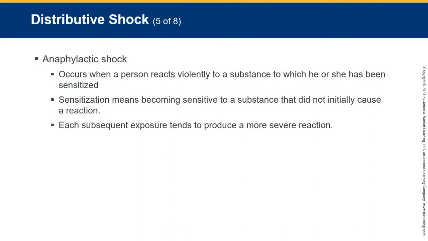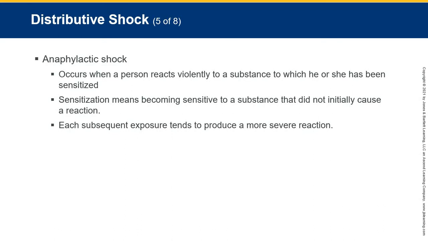So another form of distributed shock is going to be anaphylactic shock or just anaphylaxis. All right. Because what happens is it's a systemic allergic reaction where a substance enters the body and the body sort of overreacts on something that it has been sensitized to, an allergen. So it can start off with sort of minor allergic reactions, but it can become more severe as your body becomes more sensitized to it. And what's going to happen is those allergens cause your body to release certain chemicals into your system, which causes everything to dilate.